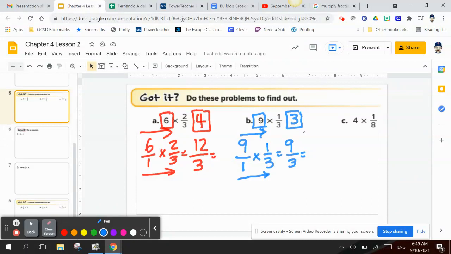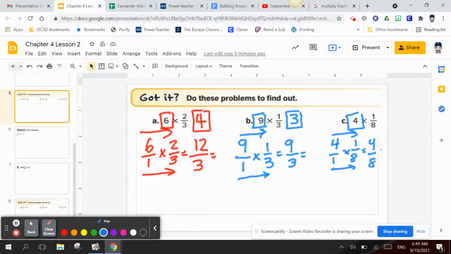And letter C, 4 times 1/8. I change 4 to a fraction, which is 4 over 1 times 1/8. 4 times 1 is 4. 1 times 8 is 8.